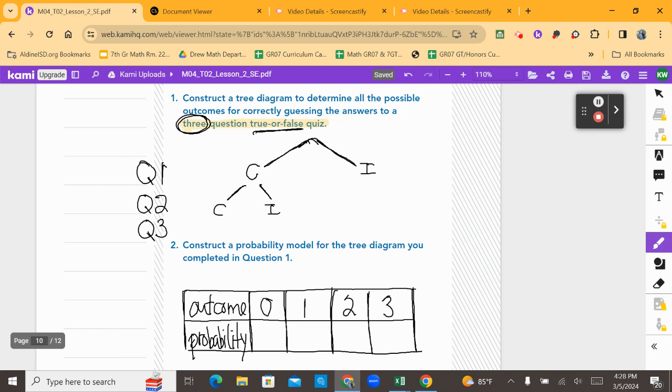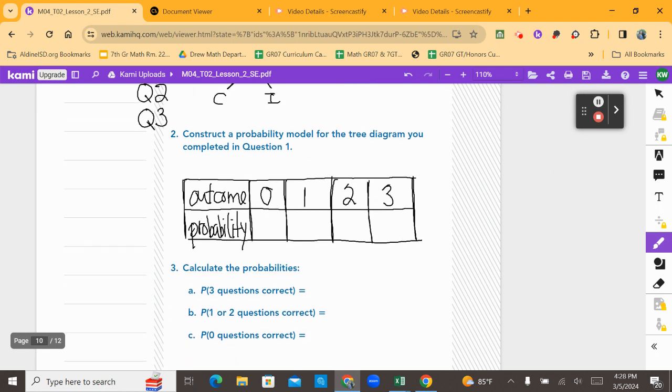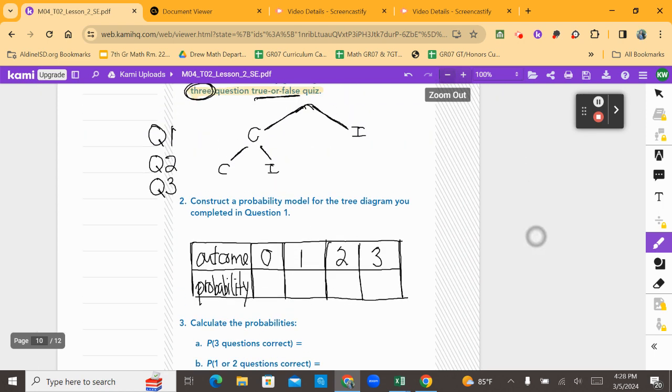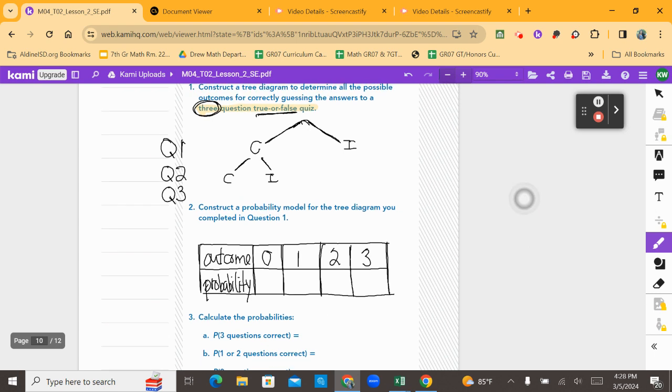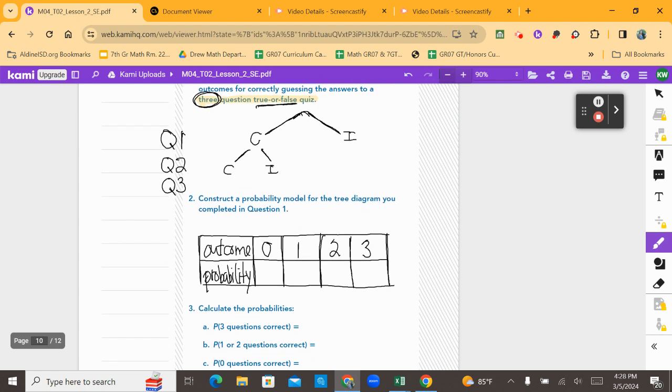All right, so I'm going to pause here because I want you to use this as a guide to help you, 1, construct that tree diagram, 2, determine the probability, and then 3, calculate those probabilities. I'm going to give you plenty of time to work on this with your neighbor, yourself, your partner, your teacher, whoever.